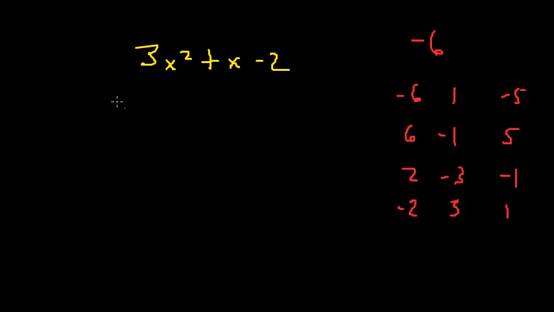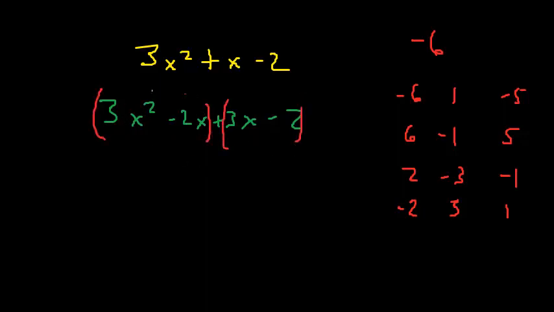So now I have 3x squared. That 1x becomes a negative 2x plus 3x, so that when I add them together, I get back that 1x, then minus 2. So here again, I'm going to group my first 2 terms and my last 2 terms, and then pull out a common factor. Here I only have a common factor of x, which leaves me with 3x minus 2.